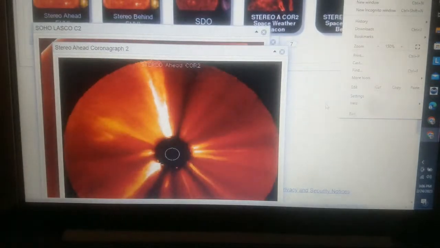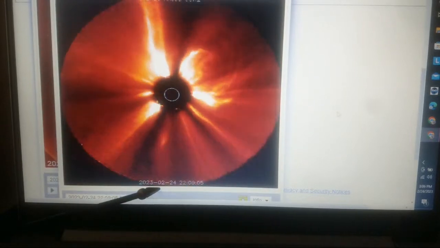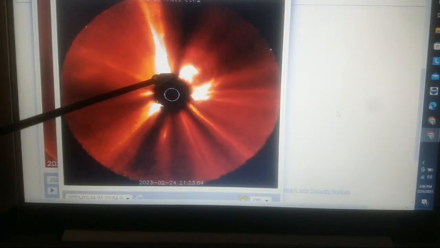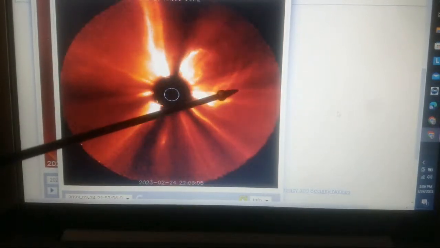Let me blow this up so you can see it too. All right, that's probably pretty good right there. Let me go ahead and play this loop. This is February 24th. Here's our CME coming out, and it's currently underway right now as we speak.